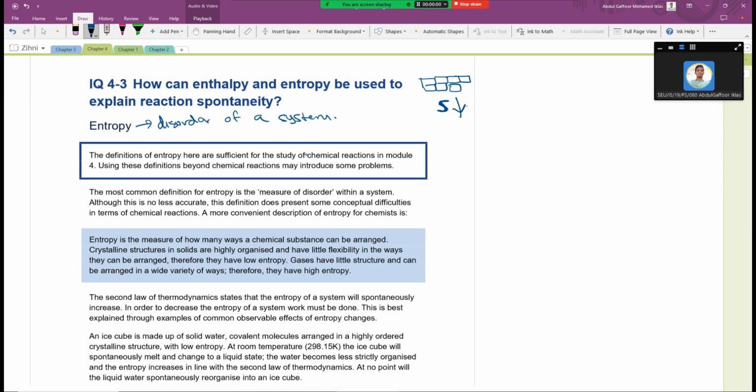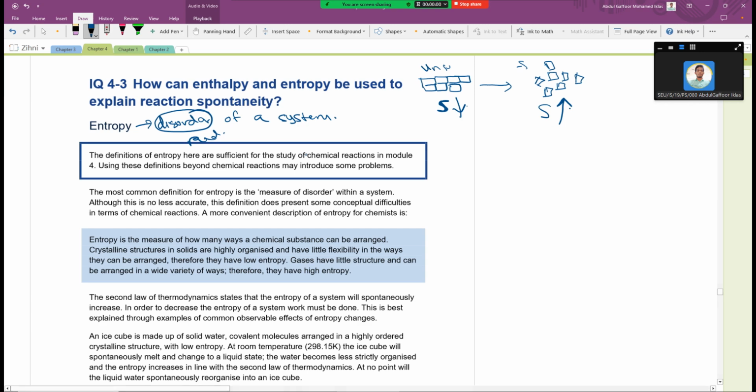Entropy means disorder, which means randomness. Now, if we have a pile of bricks, will that be uniform? No, right? It's a disorder. Here there is uniformity, but here there is disorder, randomness, so here S is high.